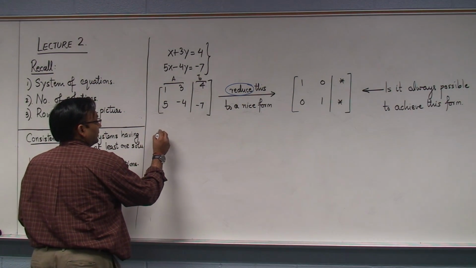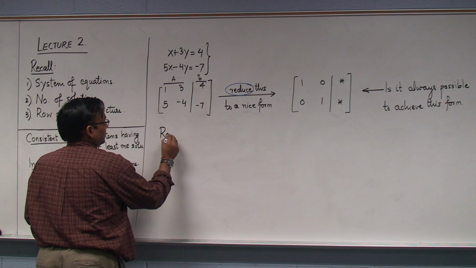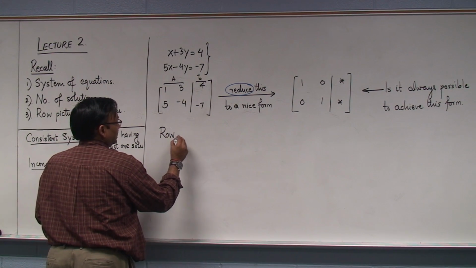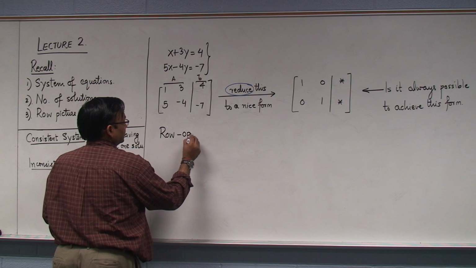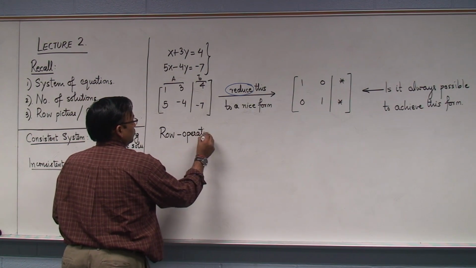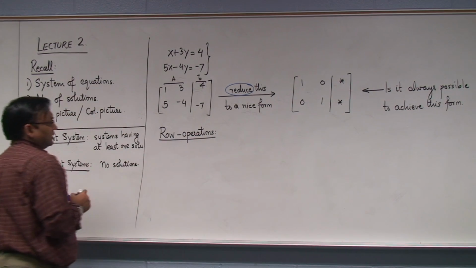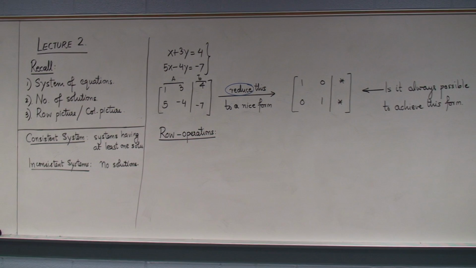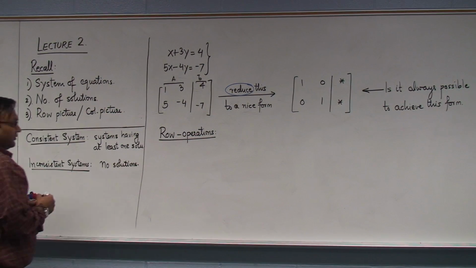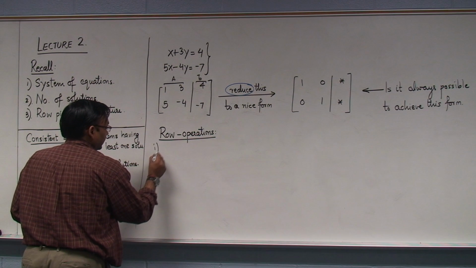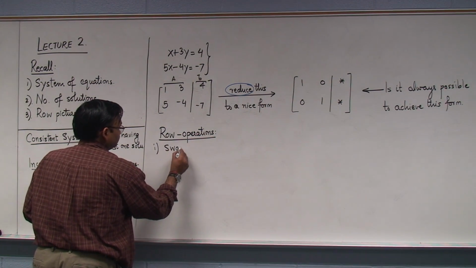So in order to reduce a matrix, we will use a bunch of things we call row operations. The technical term for it is elementary row operations, but we don't need to emphasize elementary for now, but later on we shall see why we call them elementary row operations. So the things that we do under row operations are we swap rows.